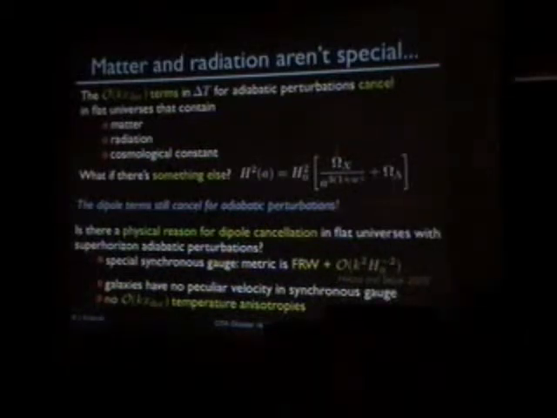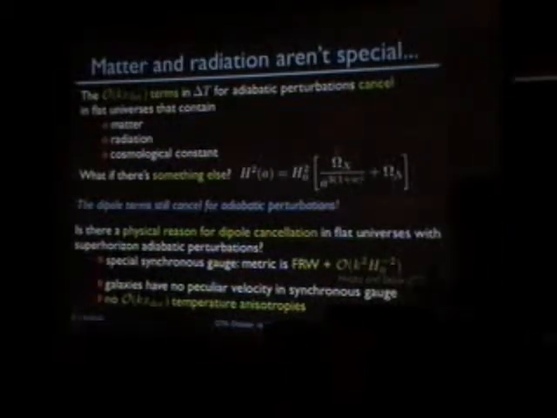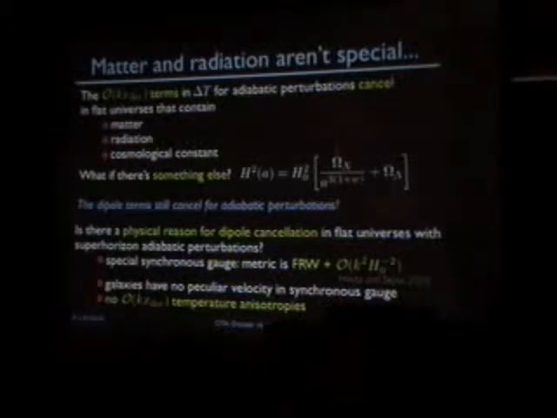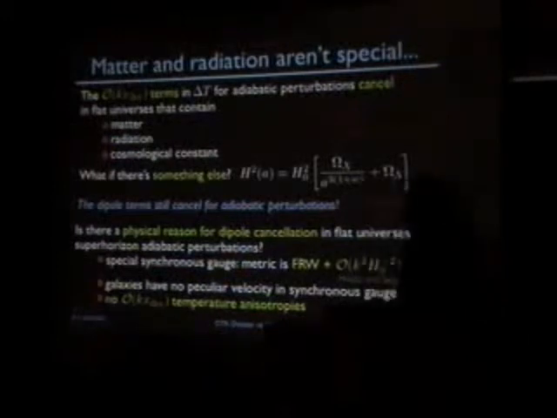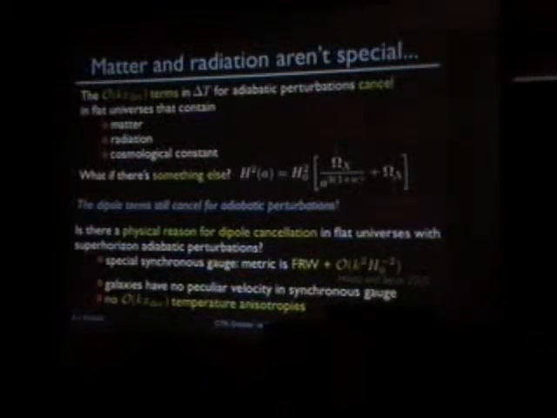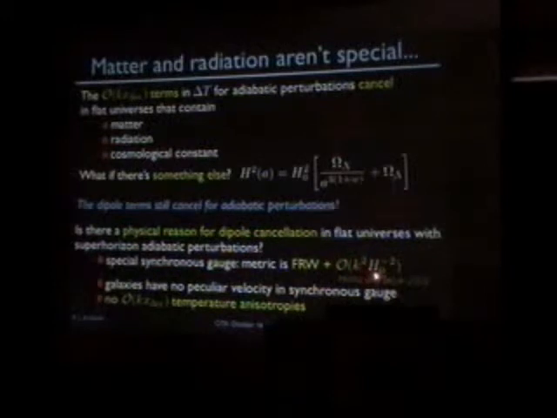Some of the reasoning we came up with has to do with this special synchronous gauge that exists for any single observer. It's kind of an analog of Riemann normal coordinates. For any one observer, you can find a special synchronous gauge where the metric is Friedmann-Robertson-Walker plus corrections that are order k².